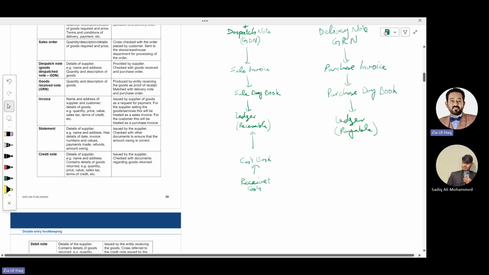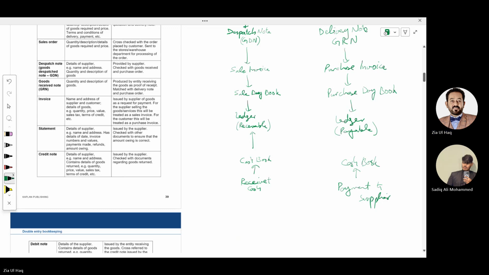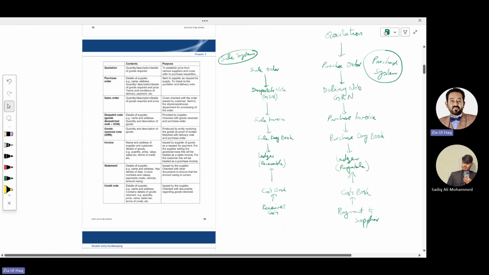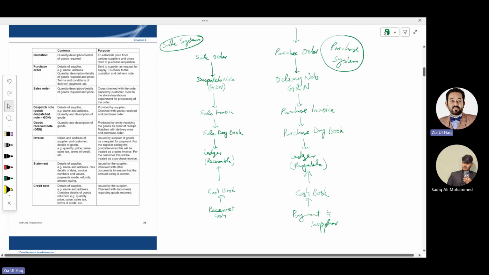When the company pays the supplier, while making payment, the company updates the cash book, showing this cash has gone out, credit, as well as the payable ledger, meaning reducing the payable liability. So these are the systems called sales system and purchase system.